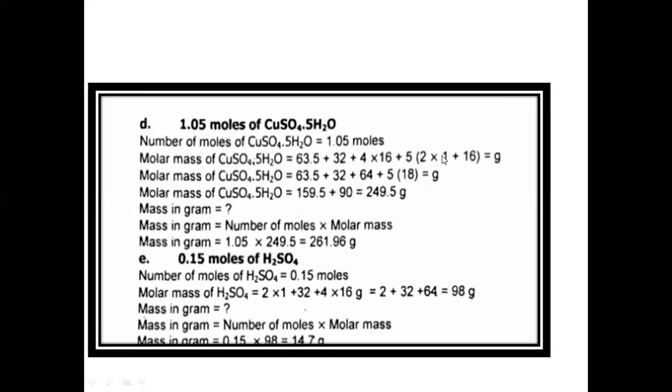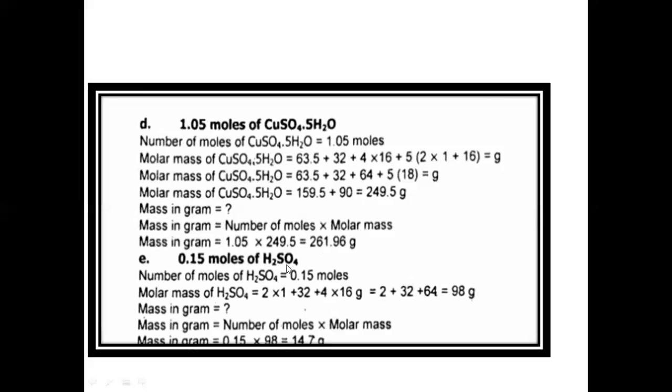These after addition will give 18, and if you multiply 18 by 5, it will give us 90. After adding all these terms and these 90, the answer is 249.5 grams. Okay, this is a little bit hard in this numerical, not hard, you need practice. So mass in gram you have to find out. Number of moles are 1.05. Molar mass we just calculated, 249.5. The answer is 261.96 grams.